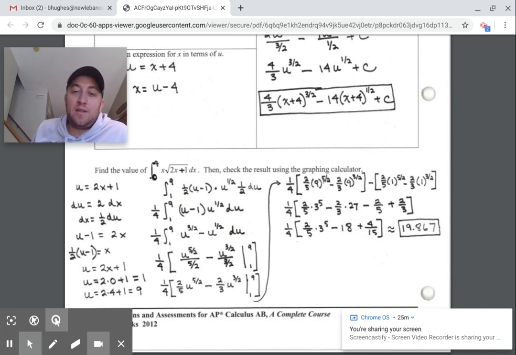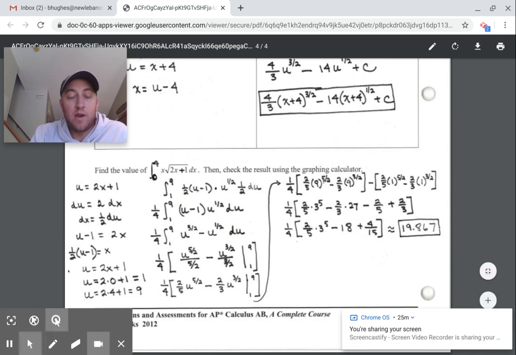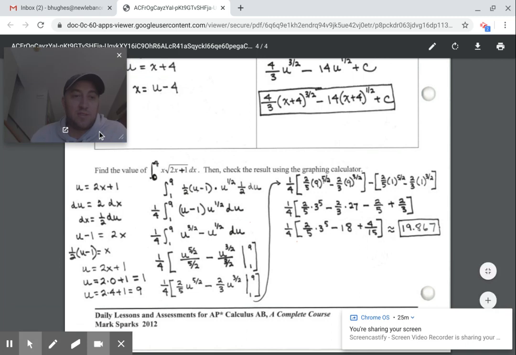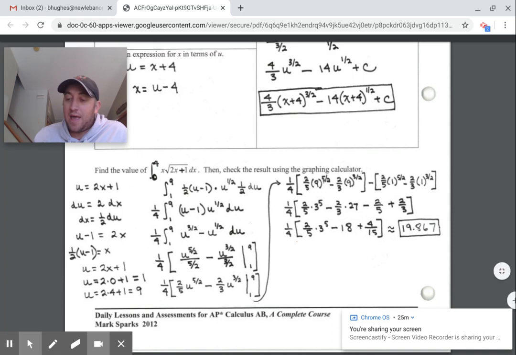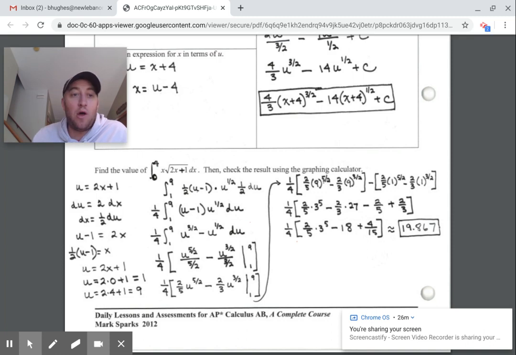Do we technically need to know how to do all of this stuff? No, because since you're taking this test at home, I imagine you're going to have the use of a calculator at all times, because how are they supposed to know whether you have a calculator or not? So if this were a problem on the test, I would literally just type this into my calculator and get my answer. And that would be the easiest thing to do.